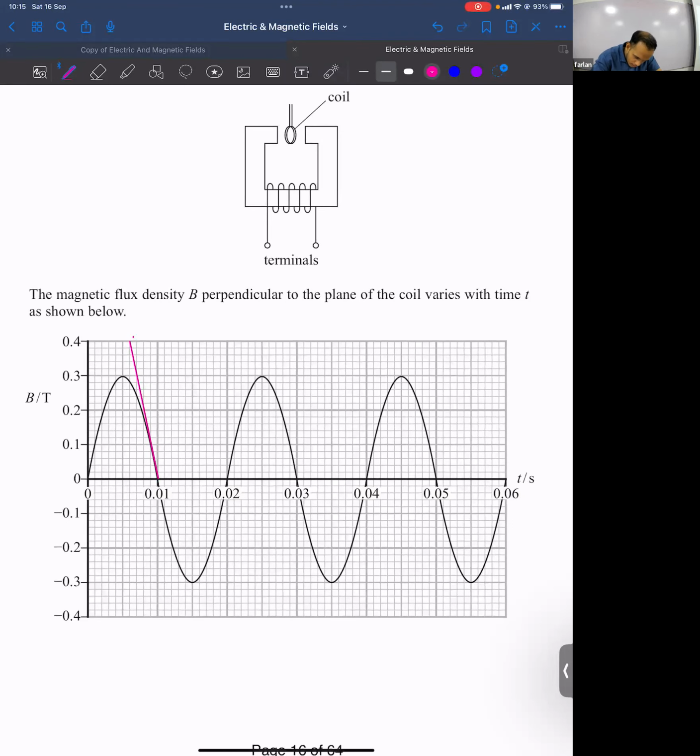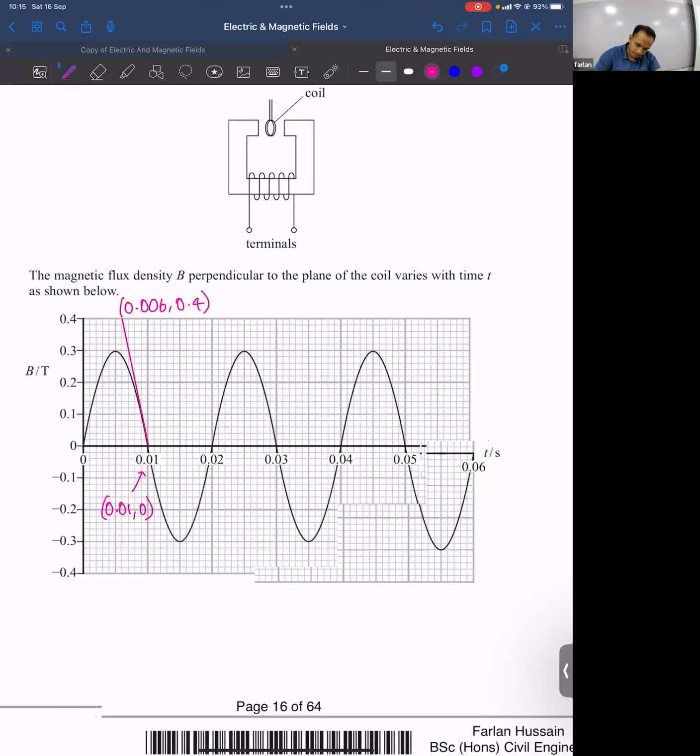I will take this point with coordinate 0.006, 0.4. And this point has coordinate 0.01, 0.